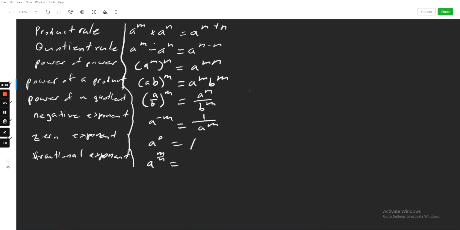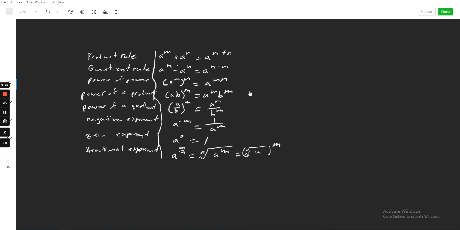The denominator is whatever the root is, square root or cube root, so we have the nth root of a to the power of the numerator m. This could also be written as the nth root of a to the power of m as well. So these are the different exponent laws that we'll be using today.